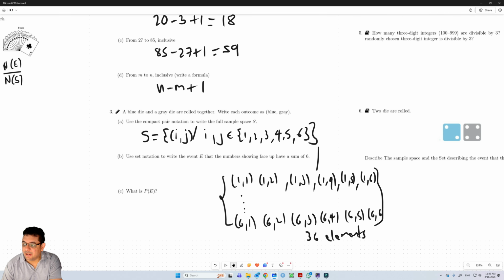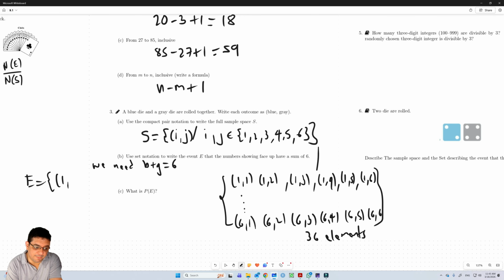Okay. Now we want to use set notation to write the event that the numbers showing up add to 6. So we essentially need the blue die plus the gray die to give me 6. And so the event, and I'm going to write it here as a set, well, how many combinations can give me 6?